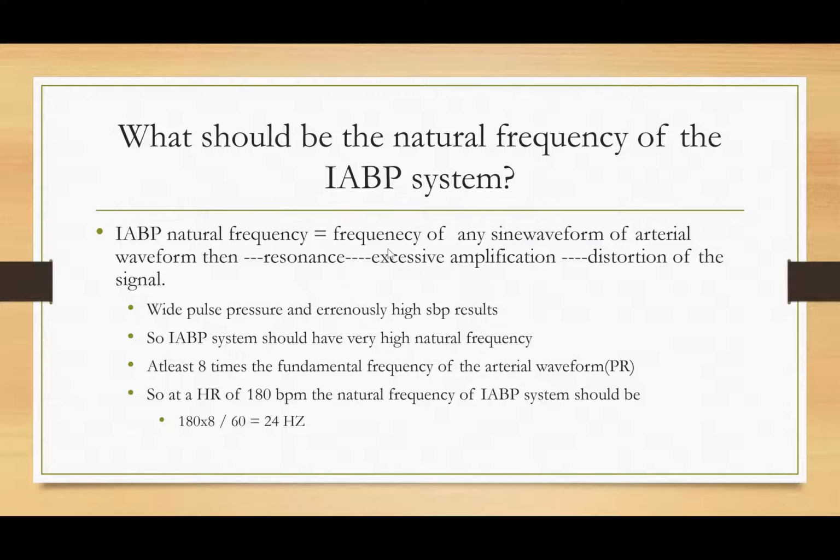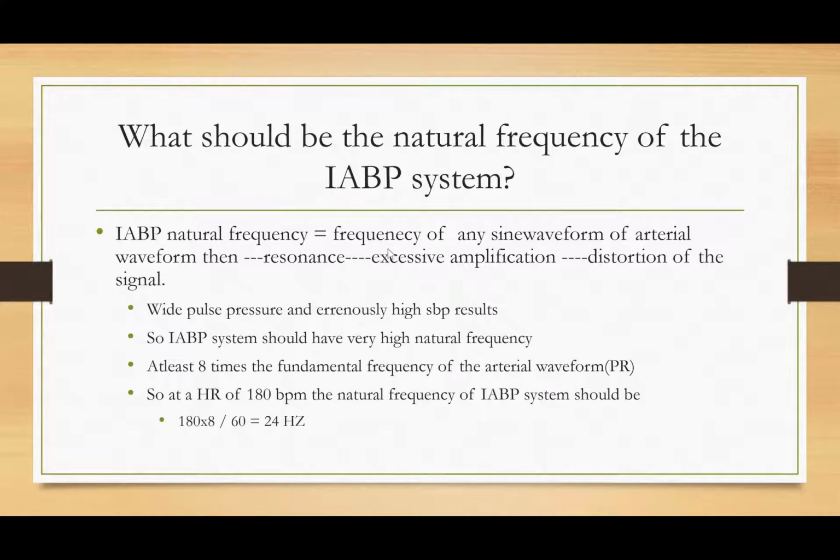So ideally, the intra-arterial blood pressure monitoring system should have a much higher natural frequency than the arterial blood pressure waveform. Usually it should have at least 8 times the natural frequency of the arterial waveform. So if a patient has a heart rate of around 180, then the natural frequency of the intra-arterial blood pressure system should be 180 times 8 divided by 60, that is, 24 Hertz.